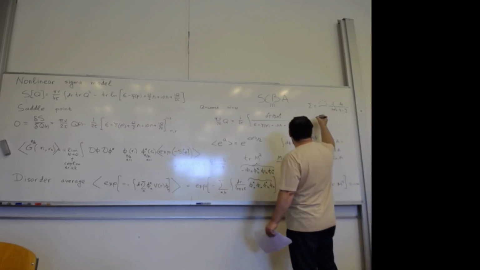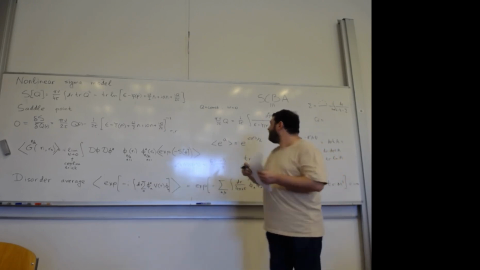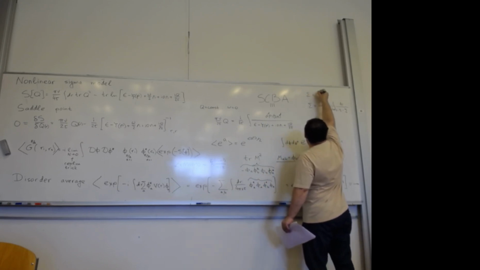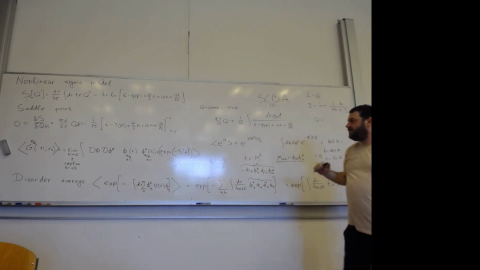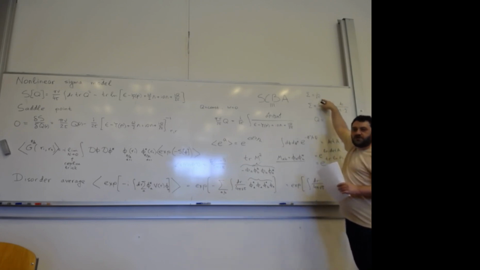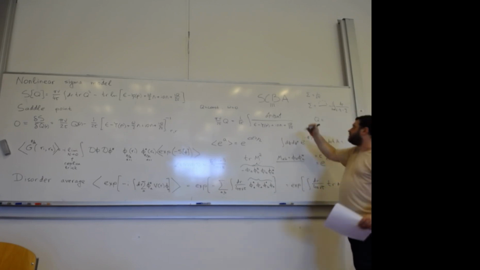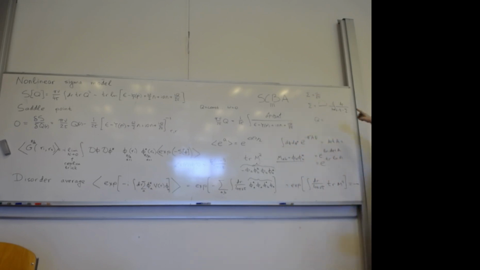The solution is Q equals, just to remind you, sigma after we solved this equation was i over 2 tau. Sigma is minus i over 2 tau, it's minus up here.